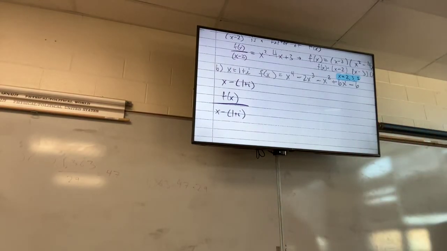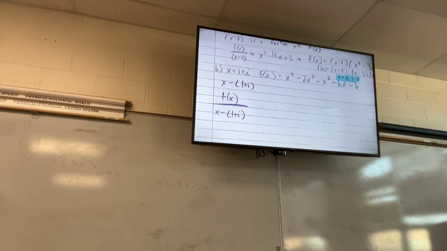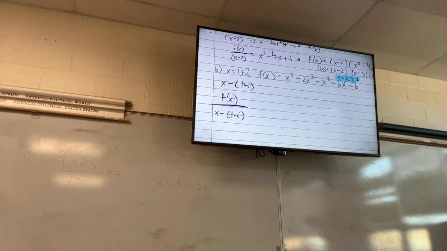And so we do that with synthetic division just like we do with real numbers. So I'm going to put 1 plus i in my crow's nest. Okay, I'm going to put the coefficients of my polynomial, 1, negative 2, negative 1, 6, and negative 6. All right, write my little remainder box.